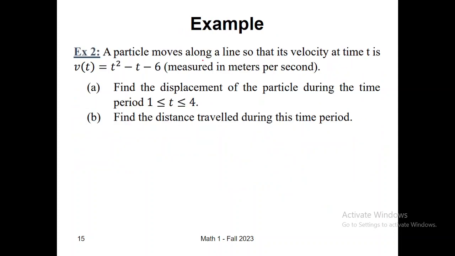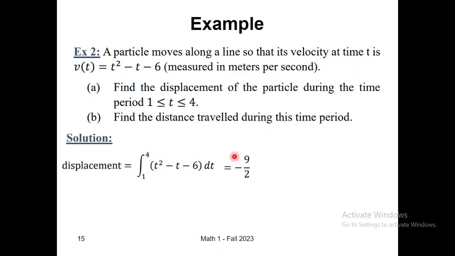Let's consider an example. We have a particle moving with this velocity function. We want to find both the displacement and distance over the interval from 1 up to 4. Displacement is very simple. You make a single integral from 1 up to 4. Now, if you want to find the distance, you have to solve it as the total area.